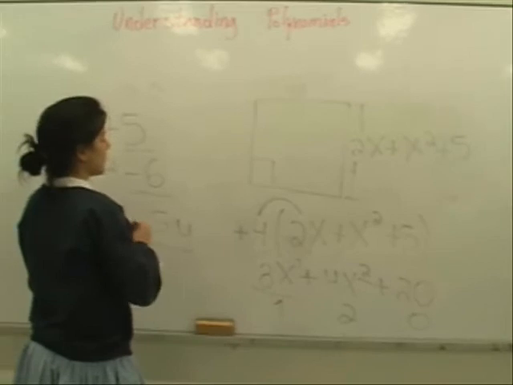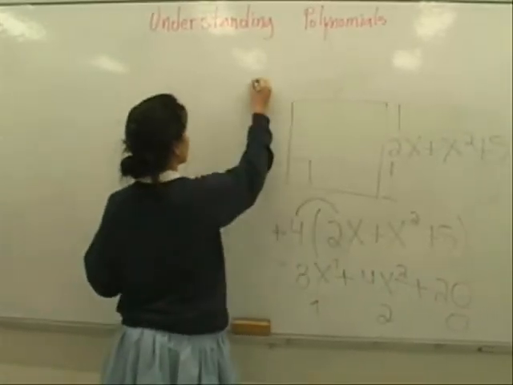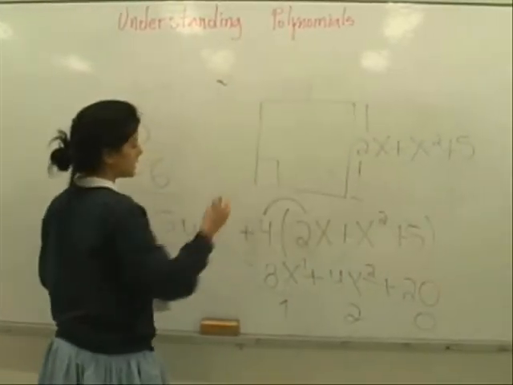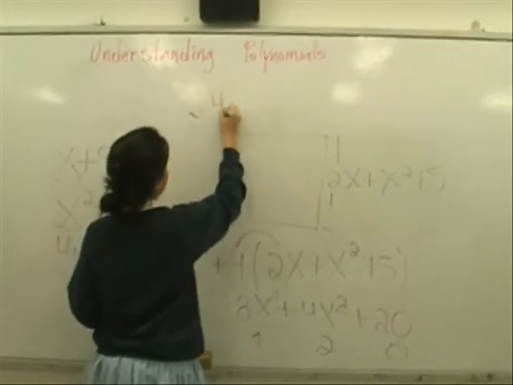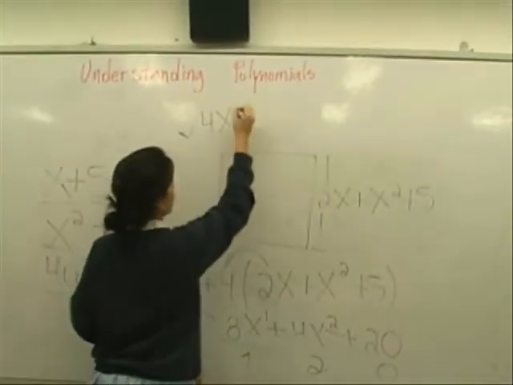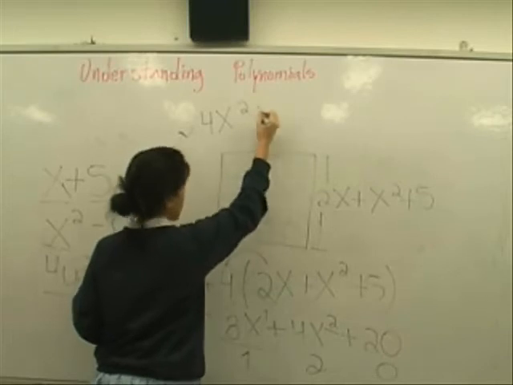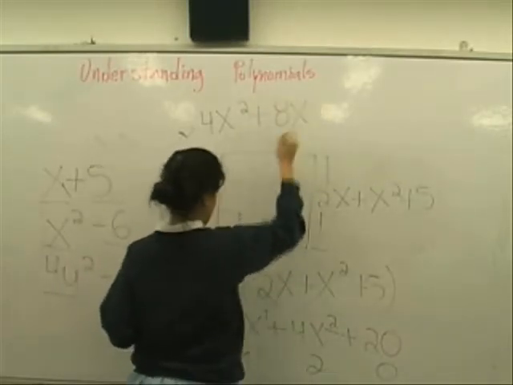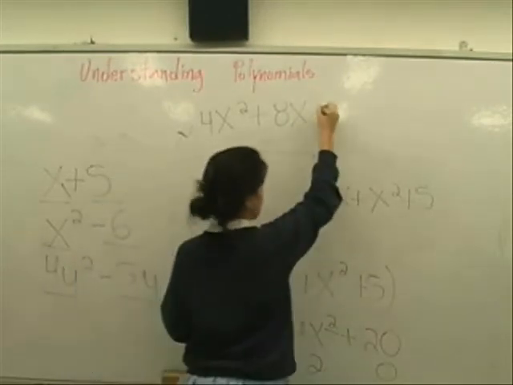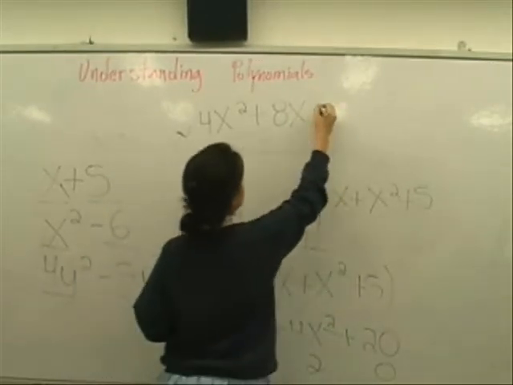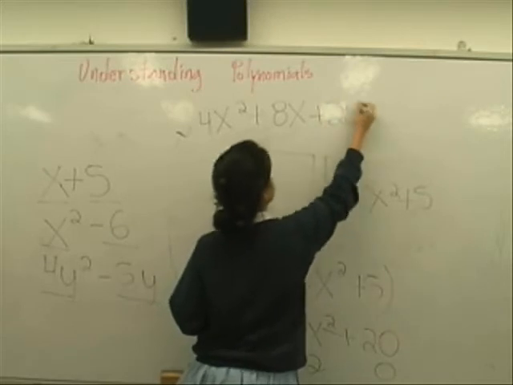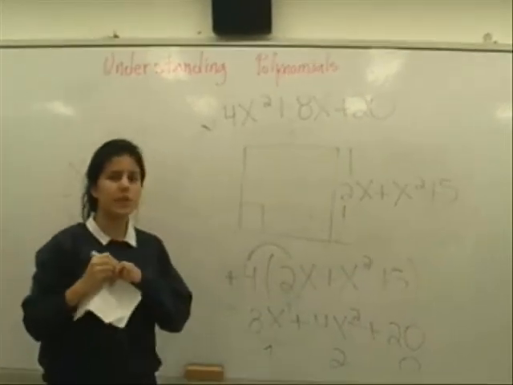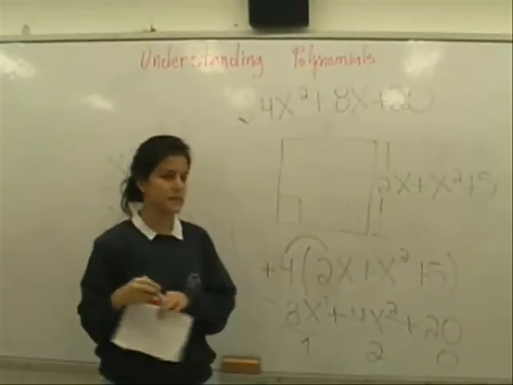So we can write this polynomial like this: 4x to the power of 2 plus 8x plus 20. And now we have the answer for the perimeter of this square.